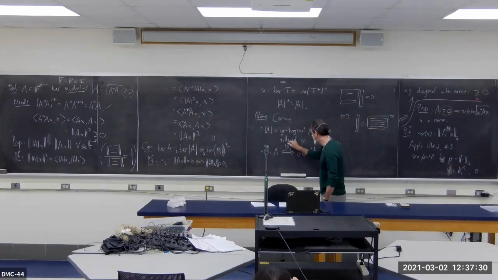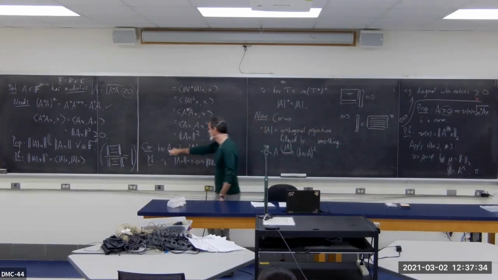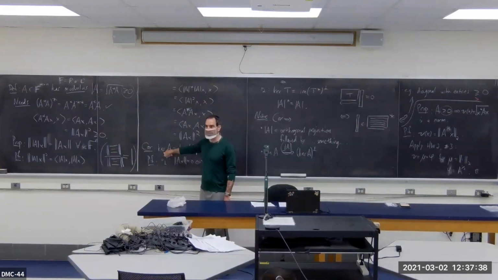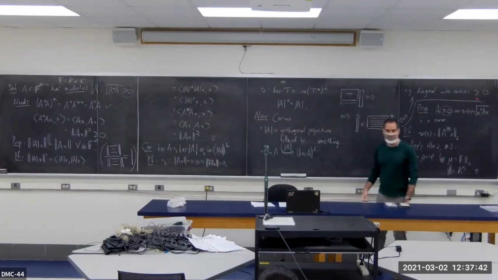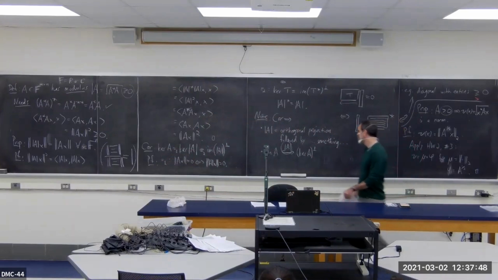Yeah, so this is by the universal property. It's because this map, the modulus of A, vanishes on the kernel of A. That means it induces a map from the image of A into something, the image of A being canonically isomorphic to V modulo the kernel.